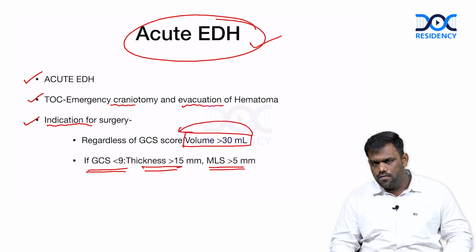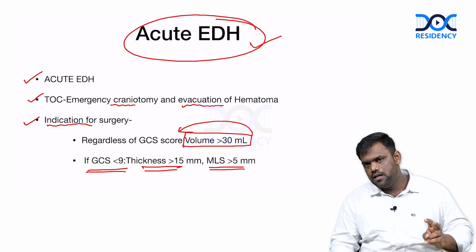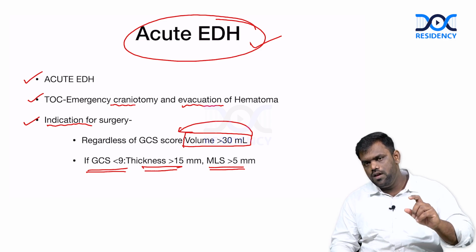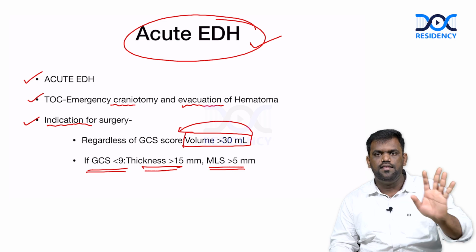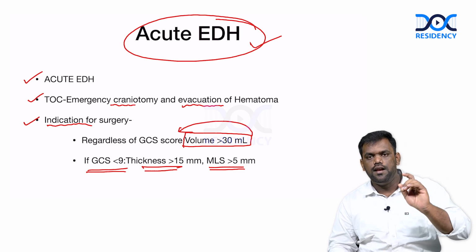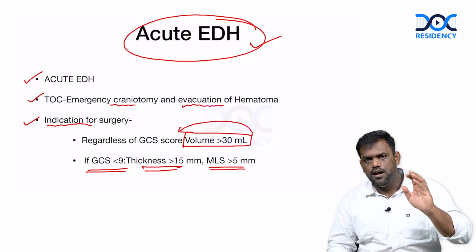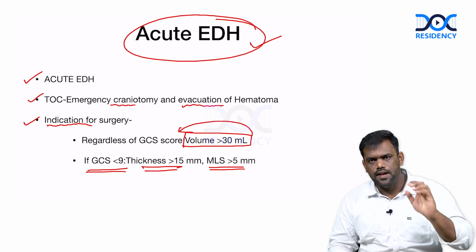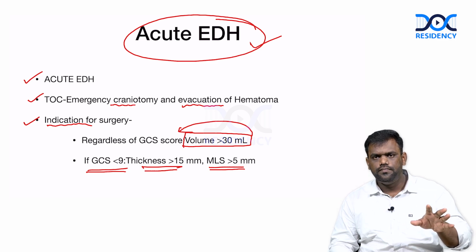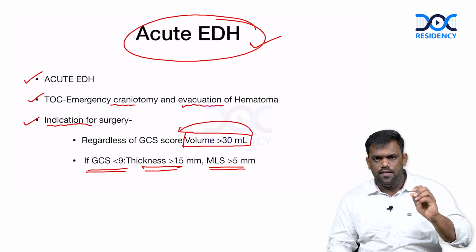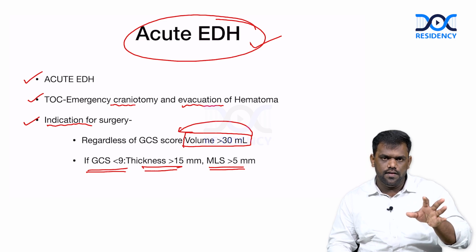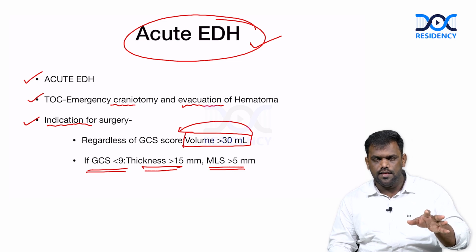So there are only two indications of surgery for EDH. Whenever the volume is more than 30 ml, you should not look at the GCS. You immediately take the patient to the operation theatre and do the emergency craniotomy and evacuation of hematoma. Suppose the volume is very small, then you have to look at the GCS.